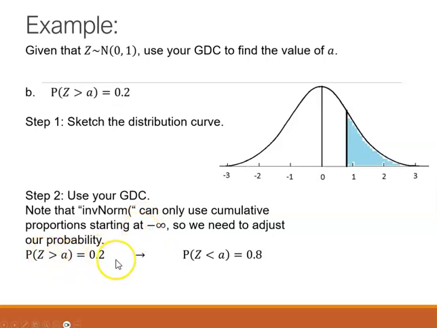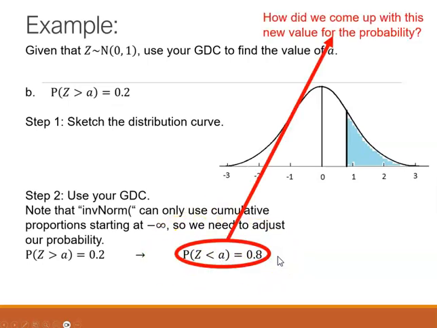So the probability that z is greater than a, if I take the complement of that, that's the probability that z is less than or equal to a, which equals 1 minus 0.2. So this is what we're going to look for.